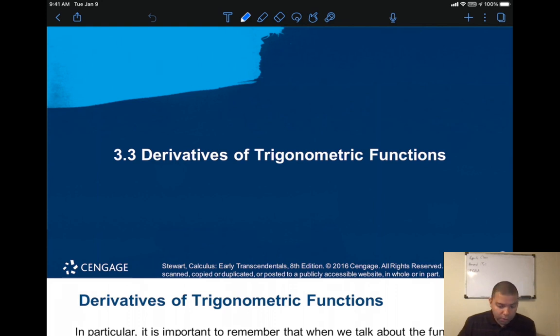The reason why the book is called Early Transcendentals is because of what we're doing right now, where we quickly introduce the derivative and then we go straight to how to differentiate transcendental functions. Polynomials are algebraic functions, actually, right? And the other ones, exponentials and trigonometric, they're transcendental.